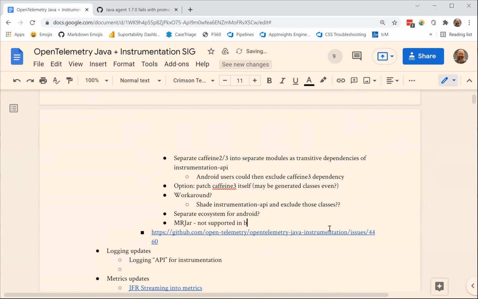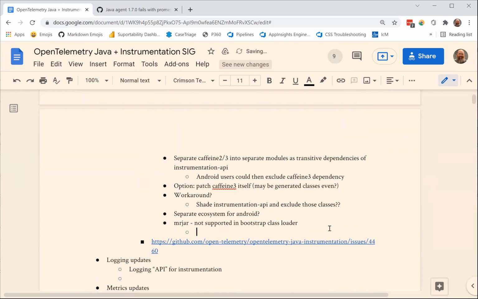The issue is that inside the agent, we include this jar in the Bootstrap class loader, and the Bootstrap class loader doesn't recognize MR jars. Yeah, that's it.